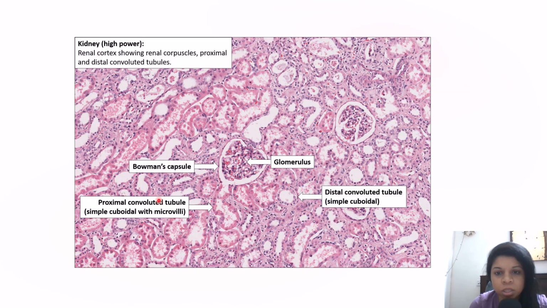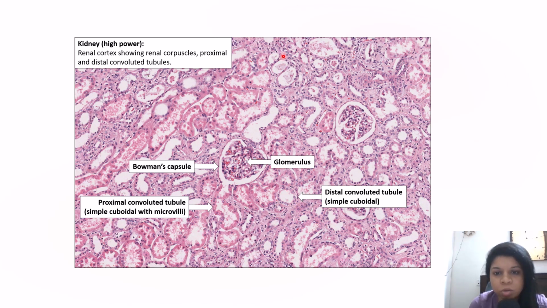If you see the histology, that is a cut section, you will see the glomerulus. Then you can see the Bowman's capsule, and the white space outside the glomerulus is the urinary space. Then you can see PCT, which has a much more pink colored epithelium, which is simple cuboidal with microvilli. And then you have DCT, which has simple cuboidal epithelium, only the microvilli are very few, so you cannot appreciate it so much.